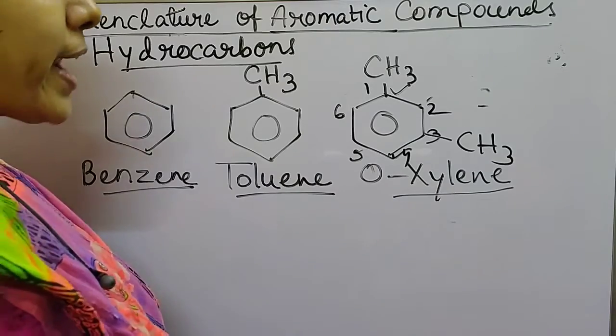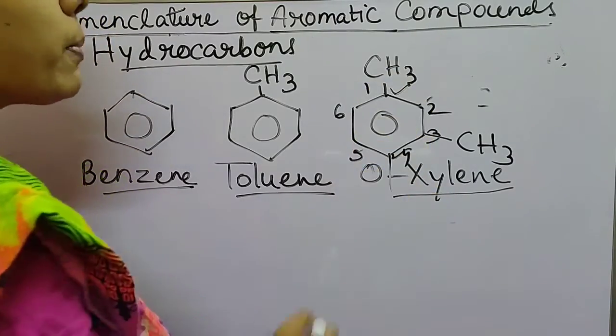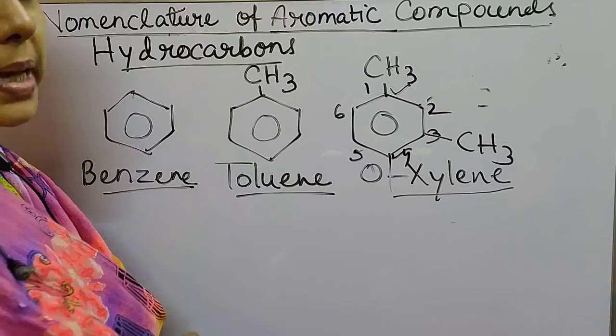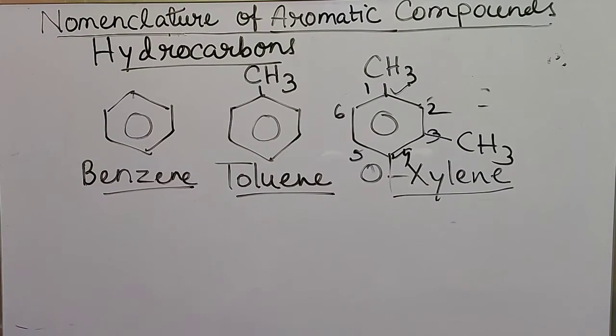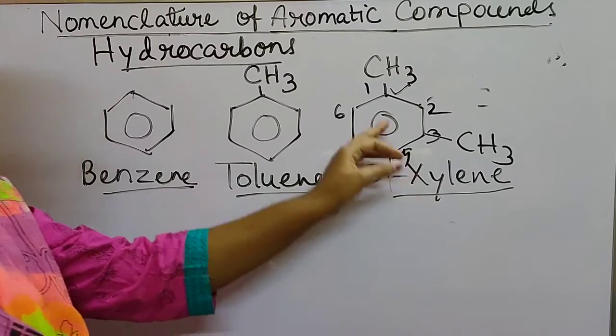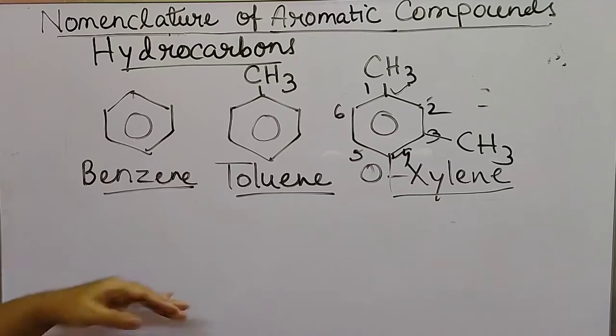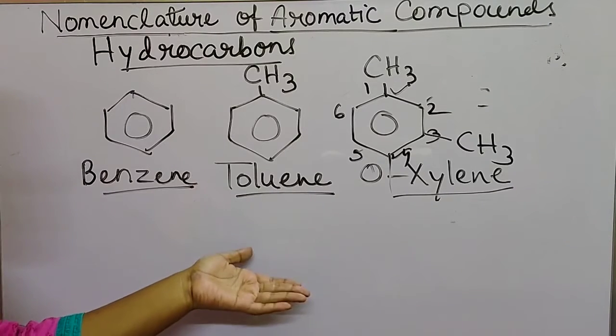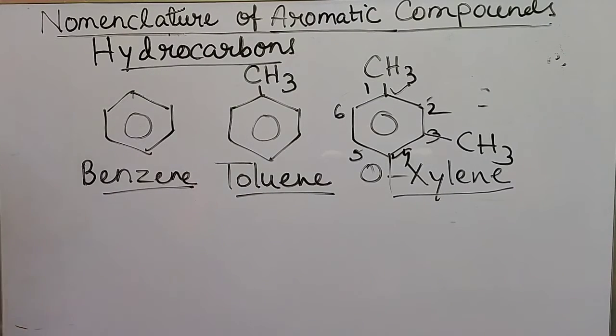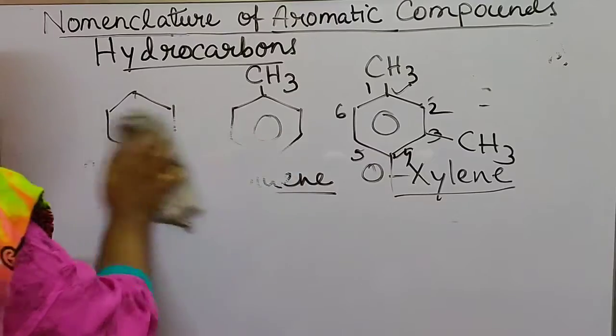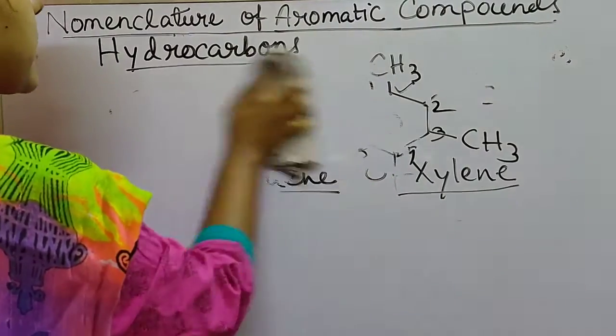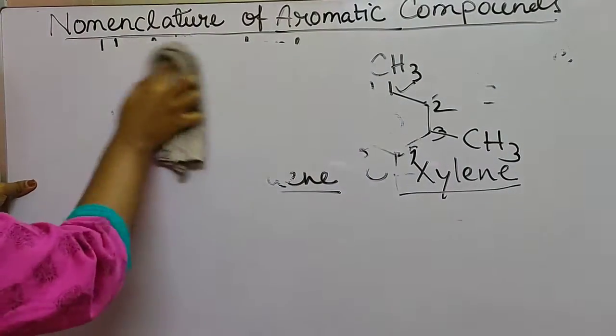And in case of para, you have to give 1,4 dimethyl benzene. So the common name is xylene, but the IUPAC names will be 1,2 dimethyl, 1,3 dimethyl or 1,4 dimethyl.